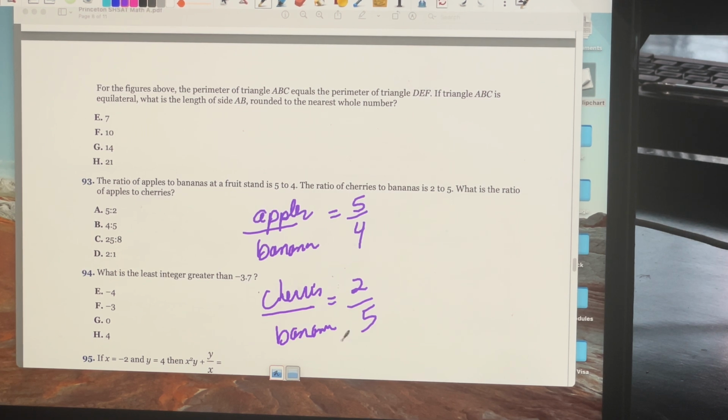Why don't I, using this proportion here, use 2 to 5, 2 cherries to 5 bananas, and find out what happens when there are the same number of bananas?